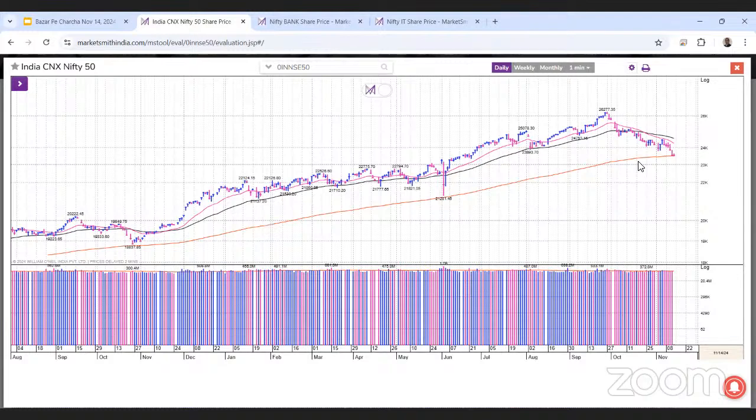Our clear-cut indication was that most probably the index is ready to move toward the 200 days moving average. Now it has reached the 200 day moving average.